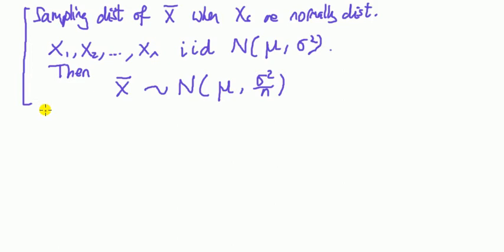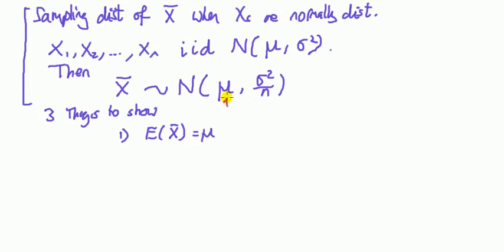Right, so there are three things to show, of which I'm only going to show two. One thing to show is that the expected value of x bar is mu. Why?